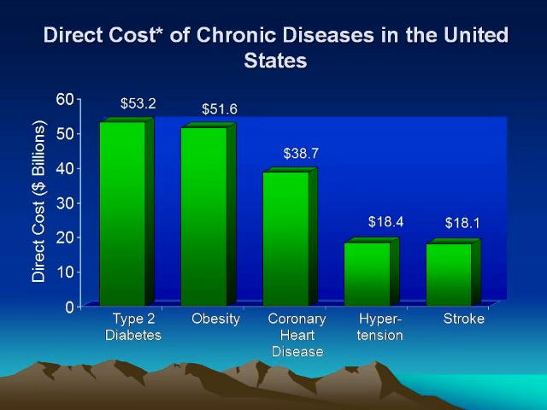We're all quite aware that the direct cost of these diseases in the U.S. and really around the world continues to grow exponentially. Here's a small chart showing some of the most commonly seen maladies in the medical field and in general health. Coronary heart disease, hypertension and stroke are very prevalent, but what's leading the cost charge, so to speak, is type 2 diabetes and obesity.